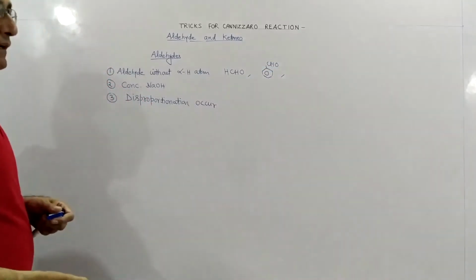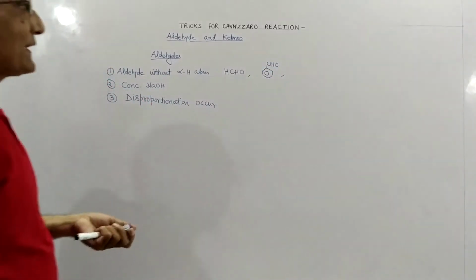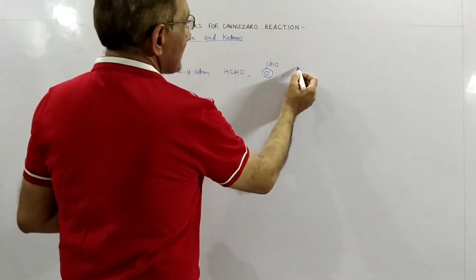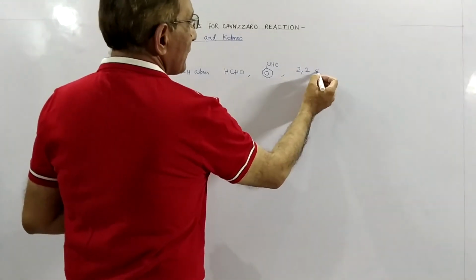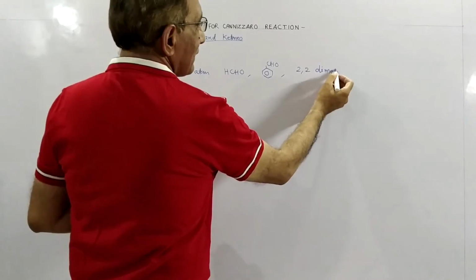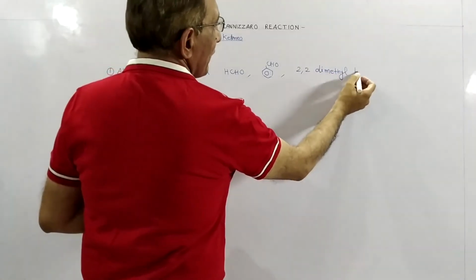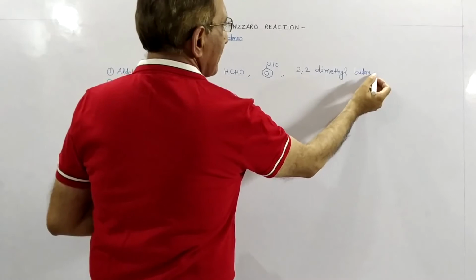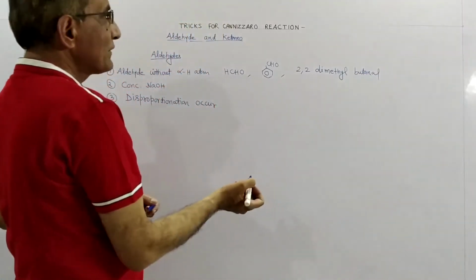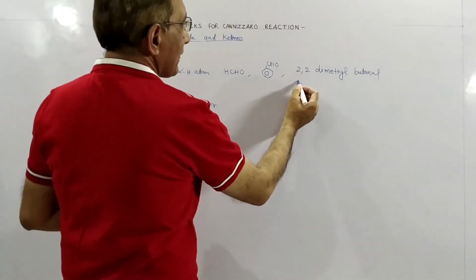and sometimes they will give you a different compound, like they will say write this reaction for 2,2-dimethyl butanal, like this they may also give. What is this compound, students? 2,2-dimethyl butanal.